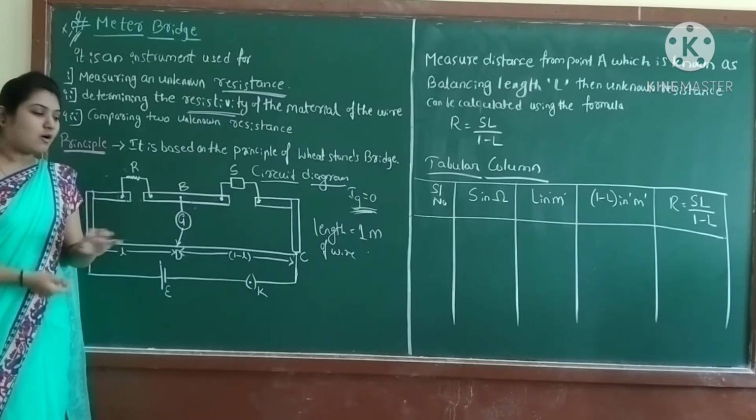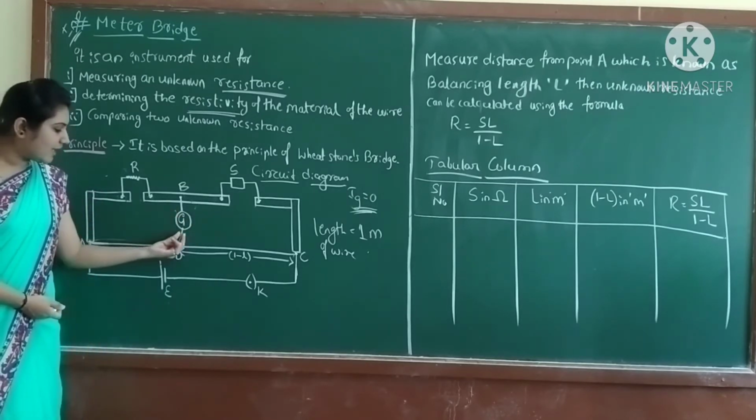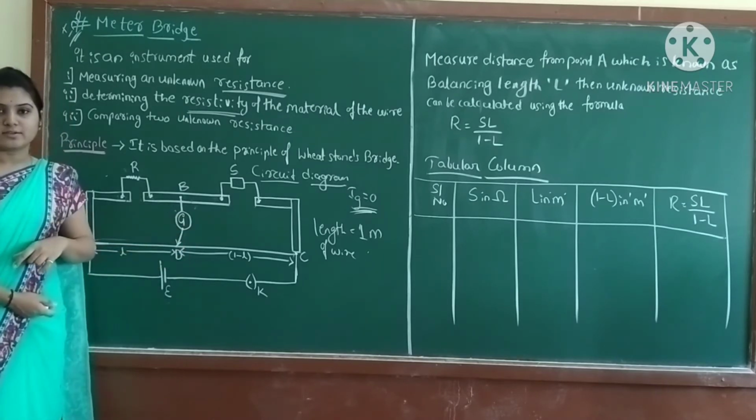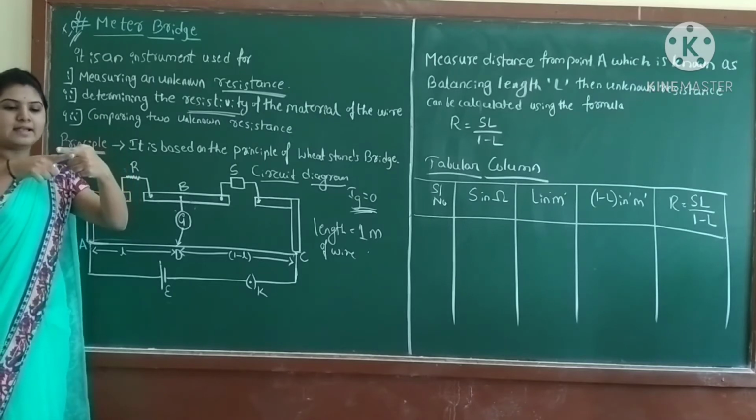Now this galvanometer I will connect to the sliding contact. Just consider this is the galvanometer one end and it is a wire.